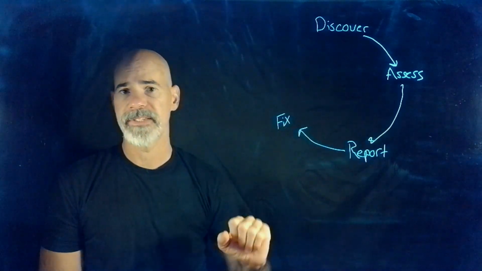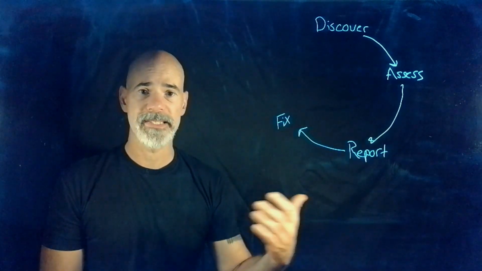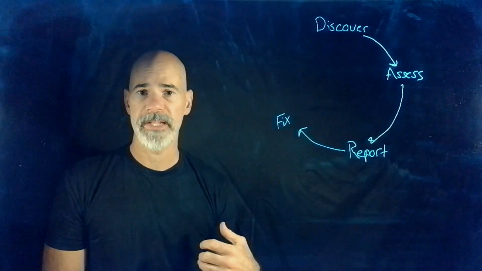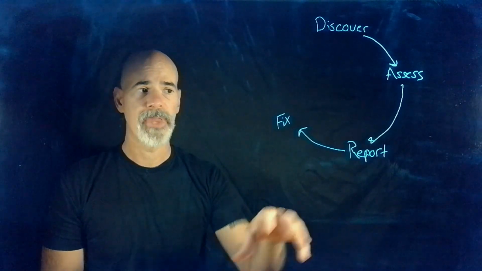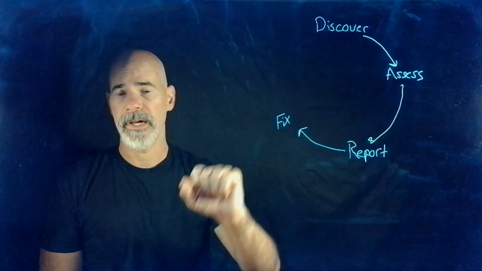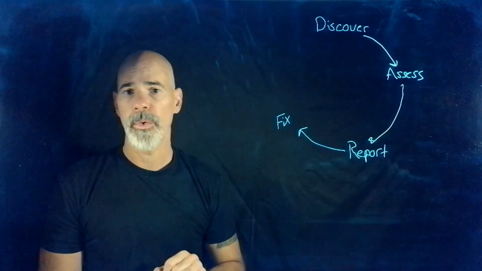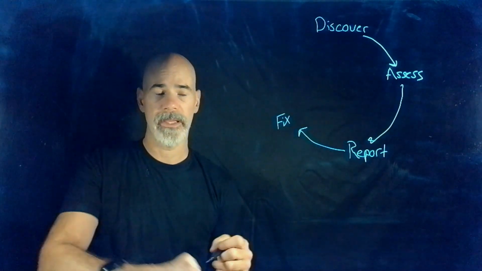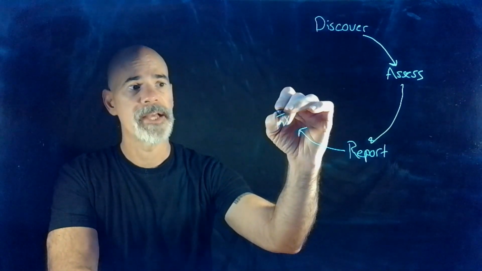You've reported that to the individuals. That could be your third parties. If it's your own stuff and you're responsible for patching it, you may have to report that to your IT team or the security team, and then they're going to go and fix it. So that could be your third party, your internal team, and so forth. They're going to go and fix those issues and make sure that everything has been resolved.